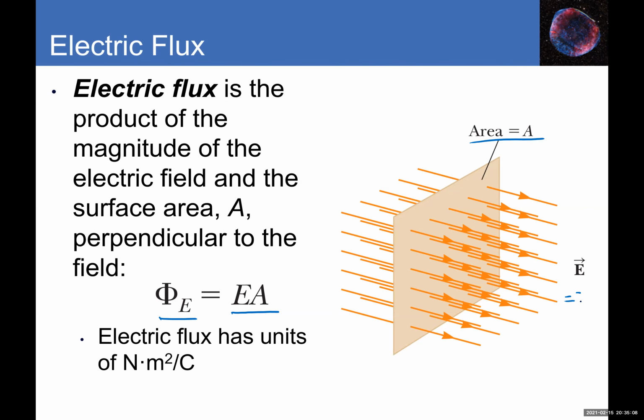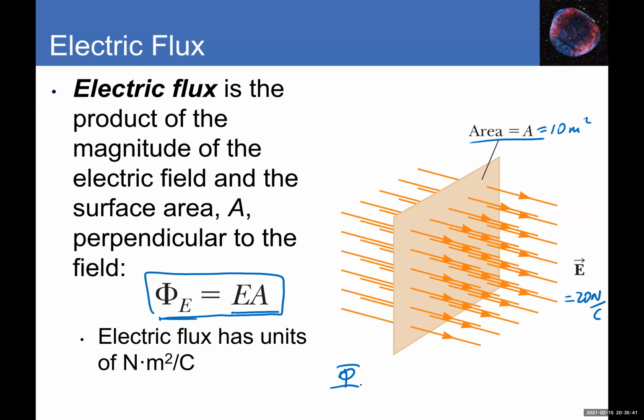So for example, if it's 20 newtons per coulomb, and let's say you have the area, I don't know, let's say 10 meters squared, then the flux, assuming it represents some electric field that is constant and uniform throughout the entire area, and it's such that the electric field is perpendicular to the surface of the area, then the calculation is as simple as electric field magnitude times the area.